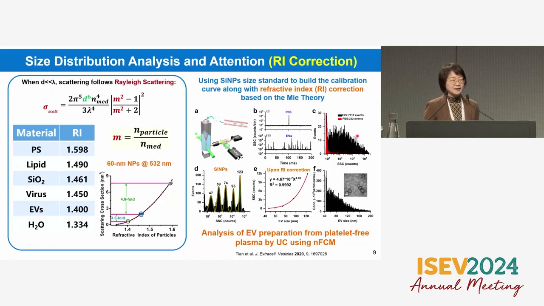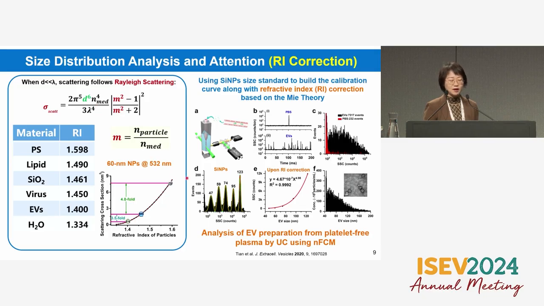For size analysis using flow cytometry, we need to use monodispersed silica nanoparticle size standards to build a calibration curve to convert the scattered light intensity to the particle size. Besides the exponential dependence of scattered light intensity on the particle diameter, it is also influenced by the refractive index of the nanoparticle.